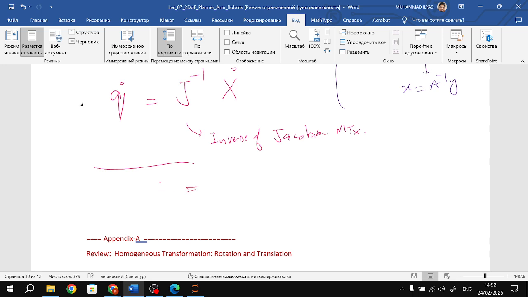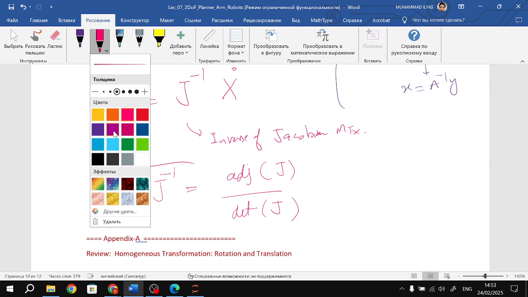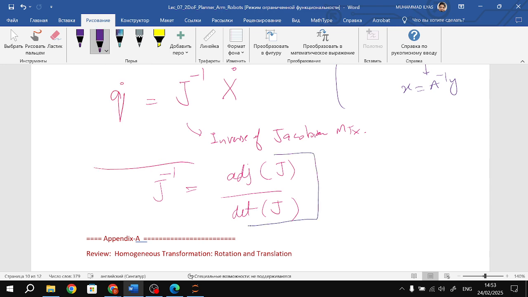So you know that the inverse of the Jacobian matrix is the adjoint of J divided by the determinant of J. This is the general formula for calculating the inverse of any matrix. You can use MATLAB or Python to calculate the inverse, but if it is the 2 by 2 case, you can also do it by hand. For example, let's say J is 2, 3, 4, 5.